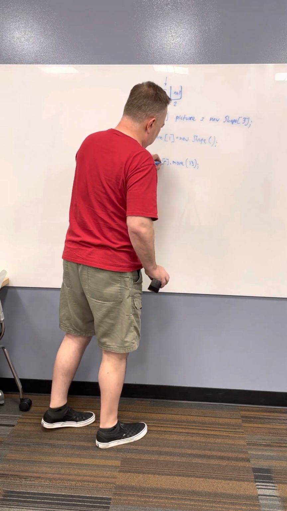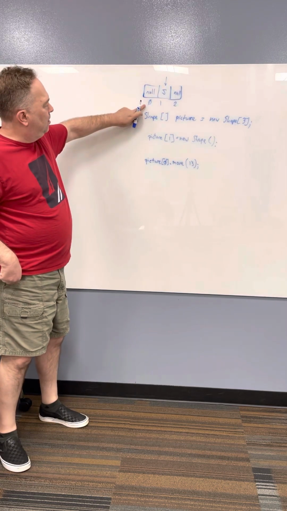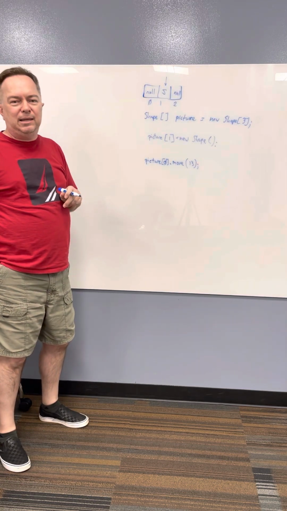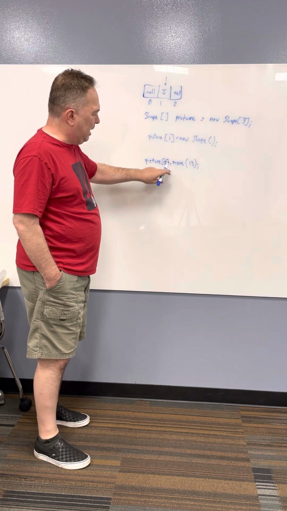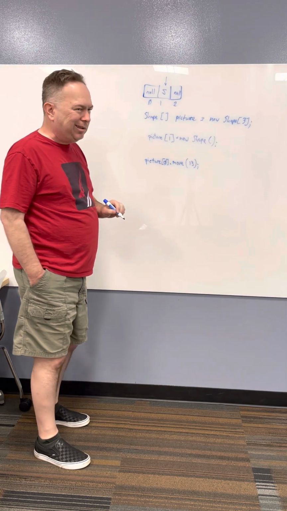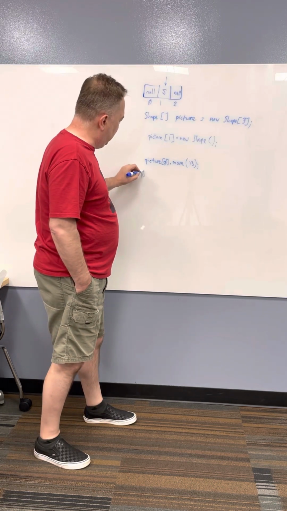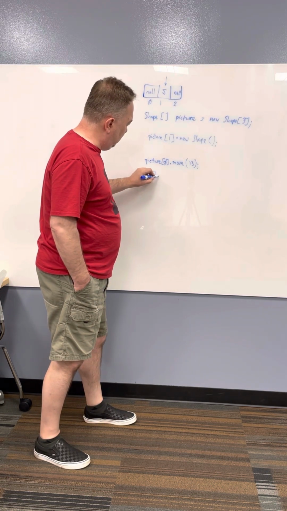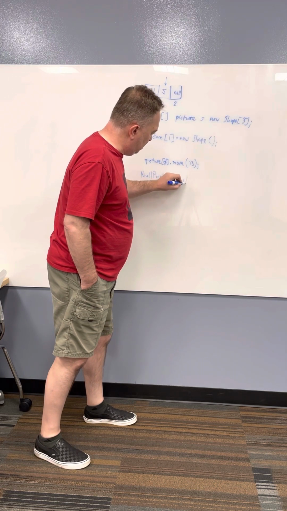Now what happens though if I did this? Now I'm going to use picture 0. Uh-oh, that's a null. If I try to use a null by going dot move, there is no null dot anything. In fact, when you try to do that, you get a null pointer exception.